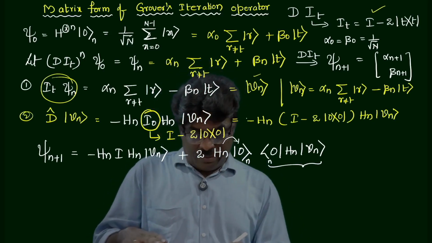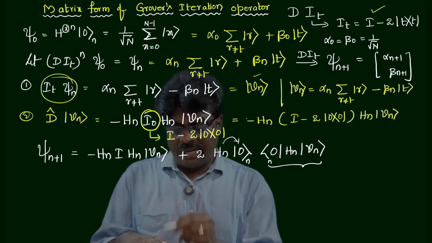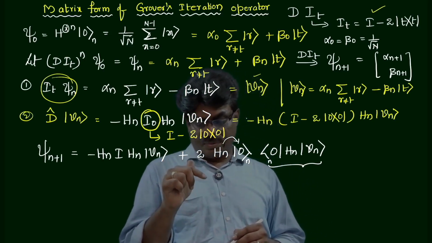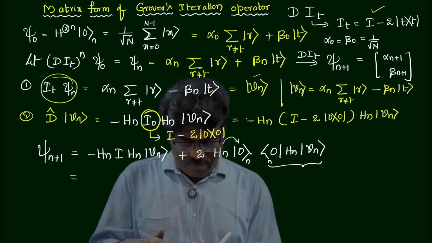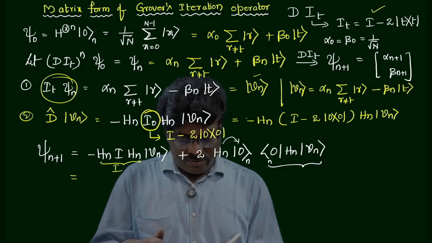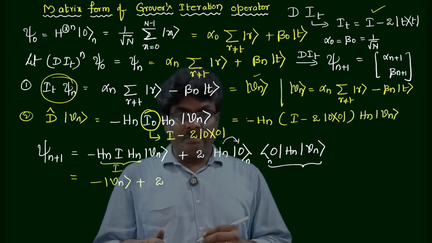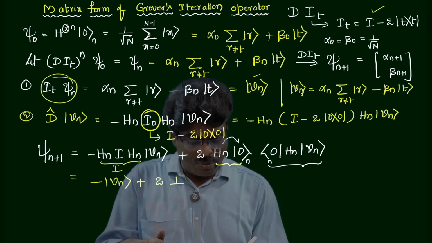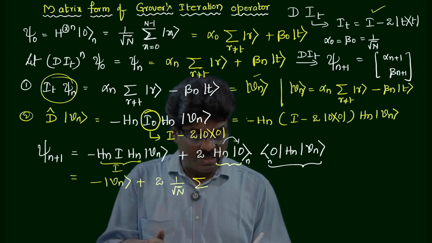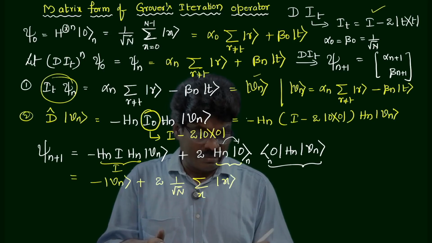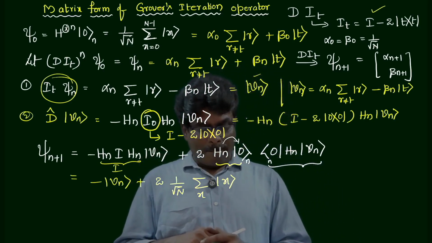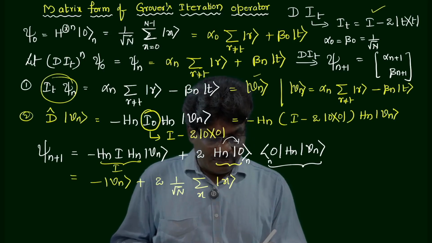Okay, and if you see this first one, this is nothing but identity, because H square, Hadamard square, will give you identity only. So minus V n plus 2 I am writing here, and this will create one superposition, that is 1 over root n summation over x into ket x, where x is equal to 0 to n minus 1, that you know already.